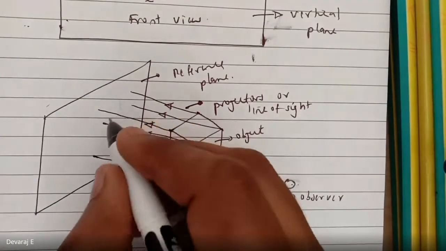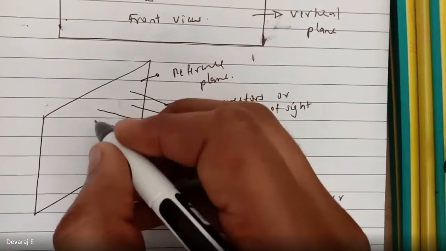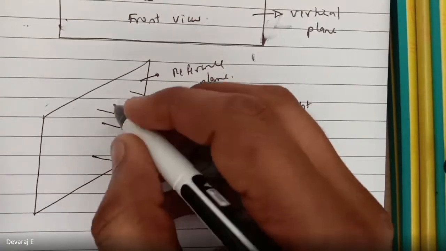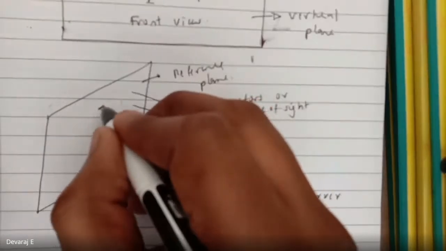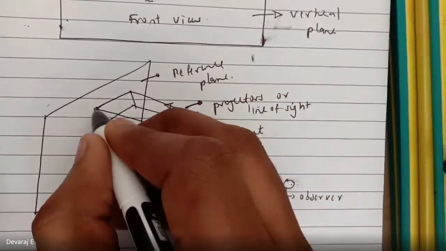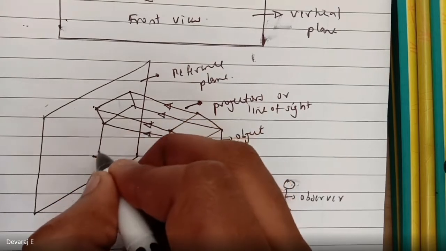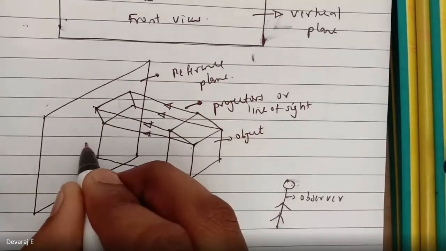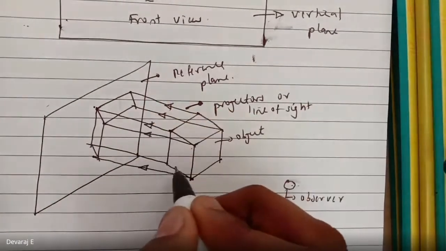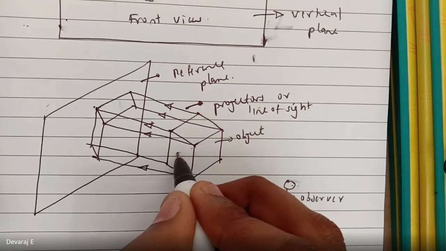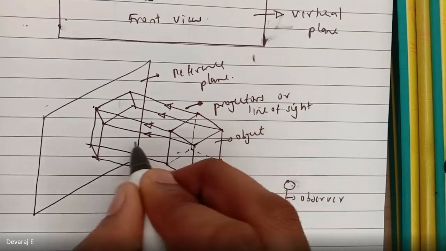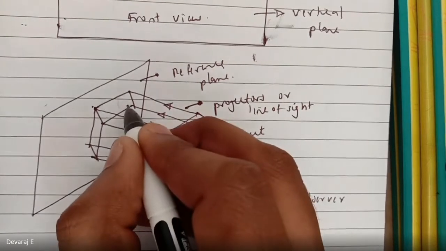When you join them to view the picture on the reference plane, it will be like this. It's very difficult to draw, but it will be like this.